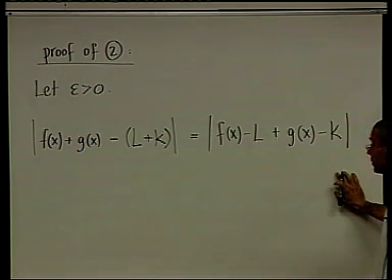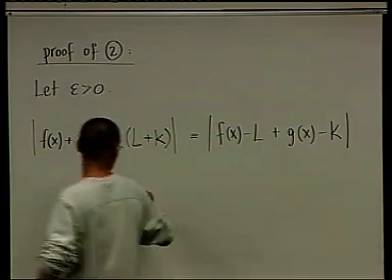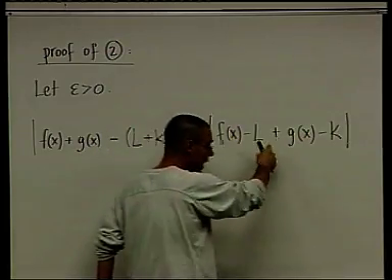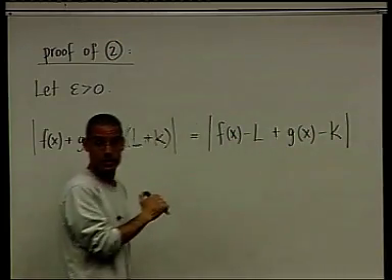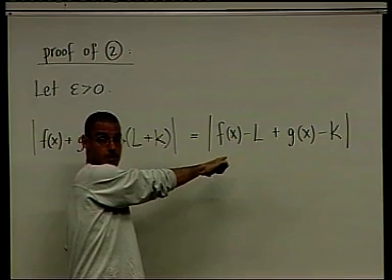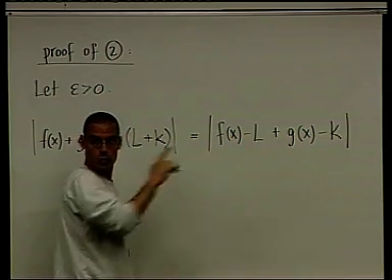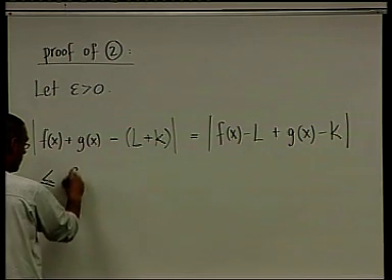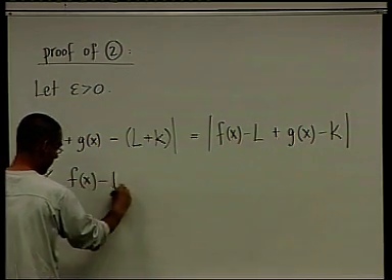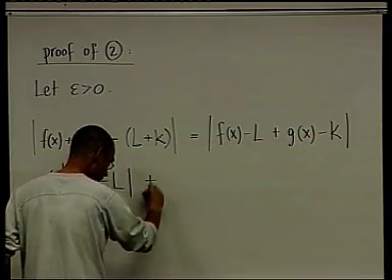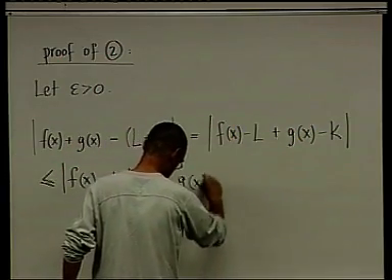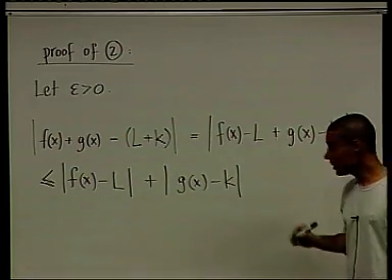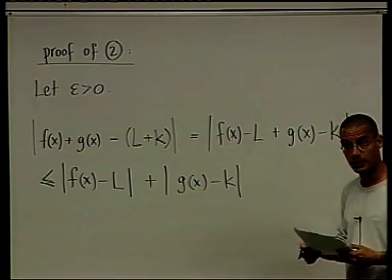Not very deep. Now I really would like to have f of x minus L in absolute value plus g of x minus k in absolute value. Is that equal to this? No. Right, triangle inequality. So this is less than or equal to the absolute value of f of x minus L plus the absolute value of g of x minus k. Good? So this is just a triangle inequality.